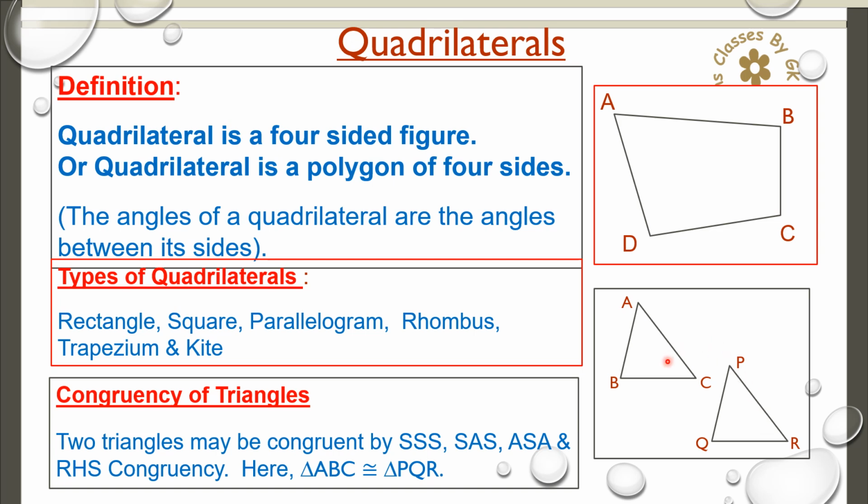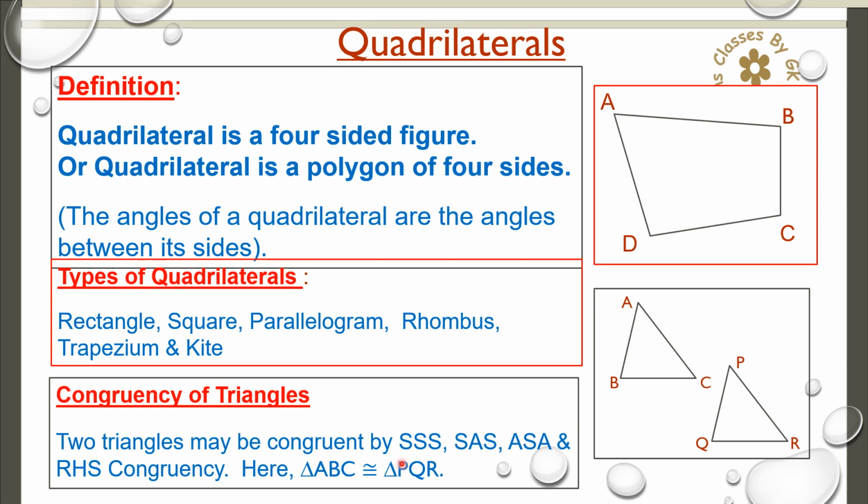If you cut this triangle out and place it over this, these two should exactly coincide. I repeat, if you cut this triangle from here, maybe on a paper, and place it over this, then these two should exactly coincide. Then the two triangles will be congruent.